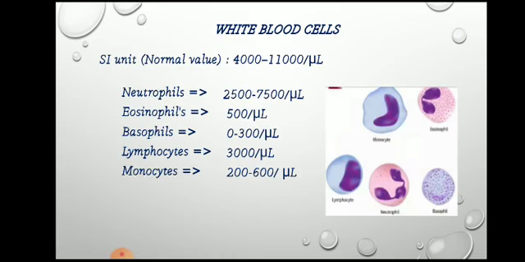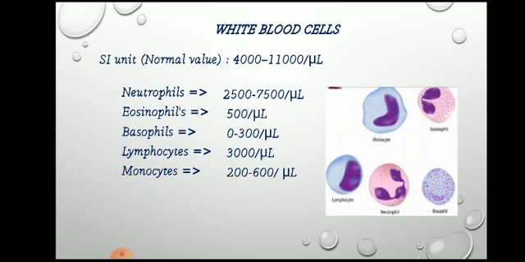Then about WBCs, white blood cells, we have the ranges with us. The normal value of WBCs is generally 4000 to 11,000 per microliter. If you separate all the types of WBCs, see, the figure is also there showing how the cells look.